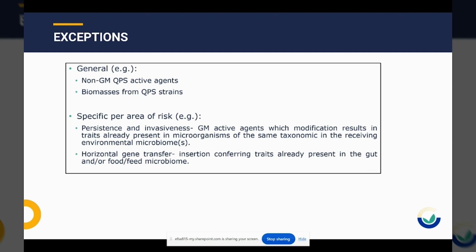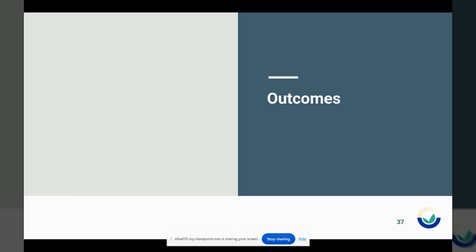And there are also exceptions per specific area of risk. For example, when the genetic modification consists of an insertion conferring traits which are already present in the gut and the microbiomes resident in the food or feed, the horizontal gene transfer area of risk will not need to be considered.